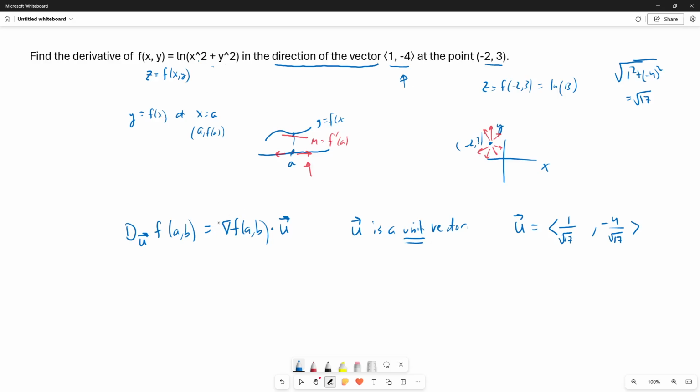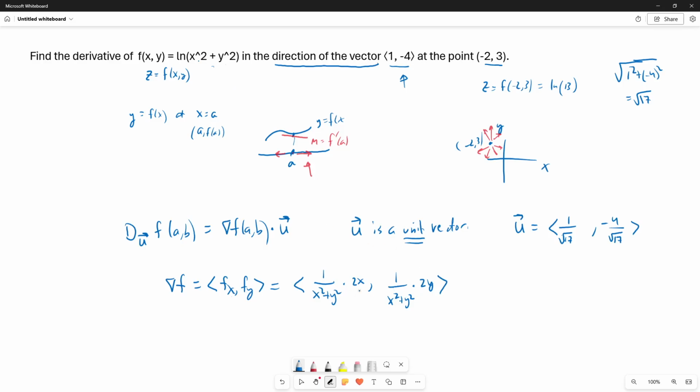Now the gradient of a function of two variables is the vector ⟨f_x, f_y⟩. In this instance, for f_x, the derivative of the logarithm is 1 over the inside, times the derivative of the inside with respect to x. So we get 2x + 0, just 2x. And the same for f_y: the derivative of the log, 1 over the inside, times the derivative of the inside with respect to y, which is 0 + 2y.